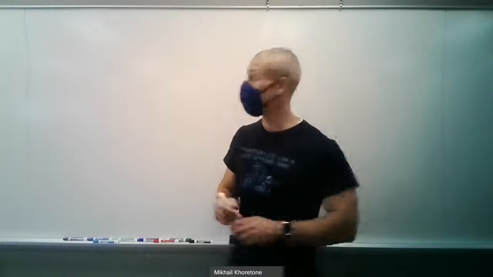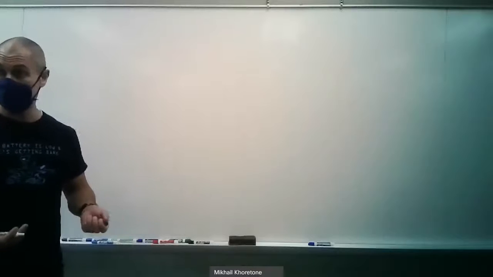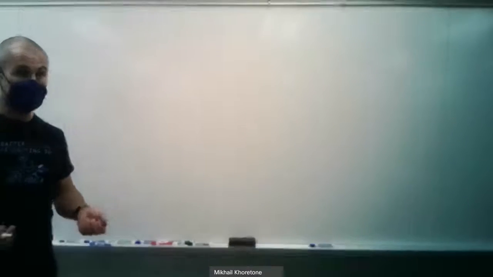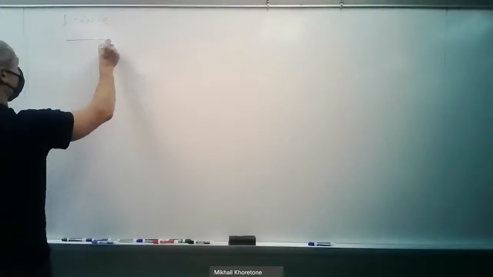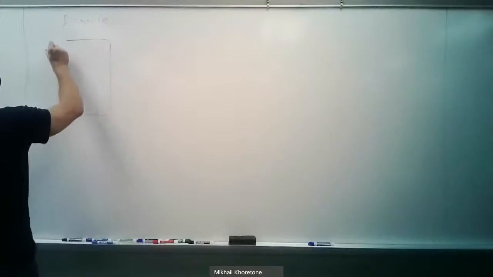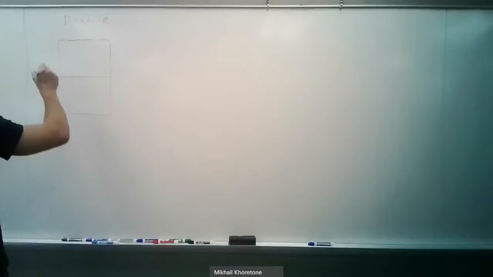Okay, good? So the first stage of a cycle, which sounds completely oxymoronic because it's a cycle, but the first step is diastole, which means everything is relaxed. Okay, so we've got atrium and ventricle, right?